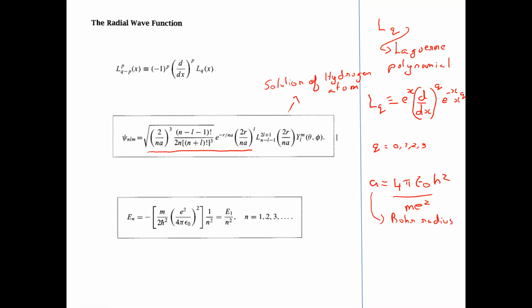Correspondingly for n equal to 2 and 3. So this corresponds to the states n equal to 1, 2, 3, and so on, even 4, 5, 6, whichever higher state, you can find the corresponding energy values.